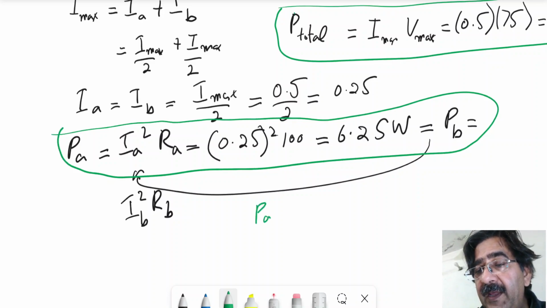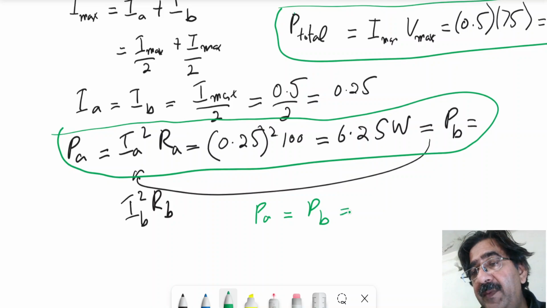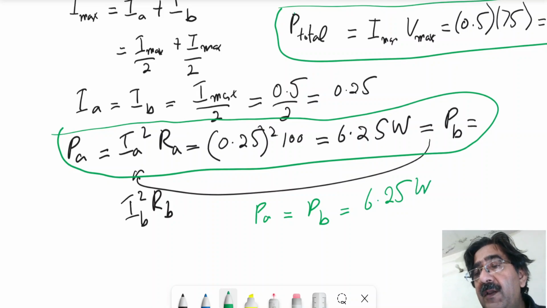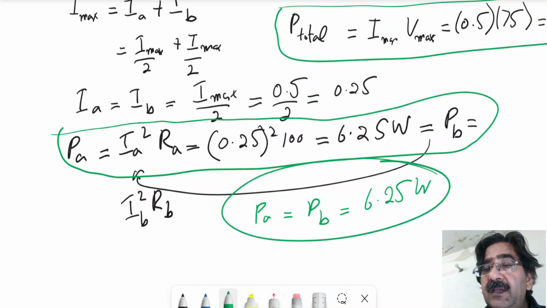So PA as well as PB is equal to 6.25 watts. That is our result.